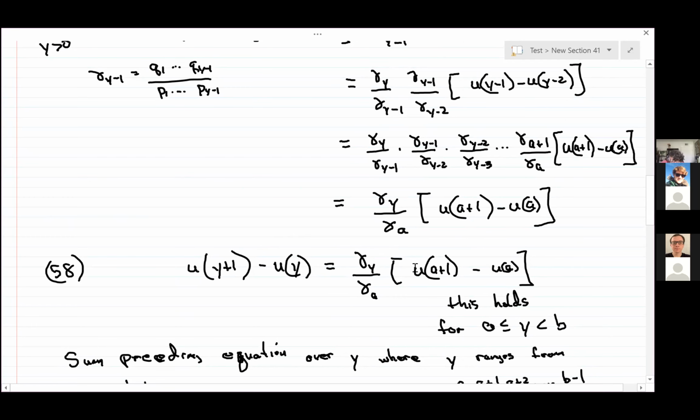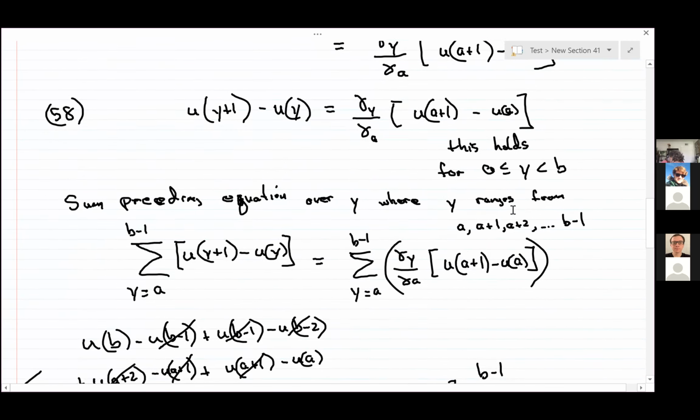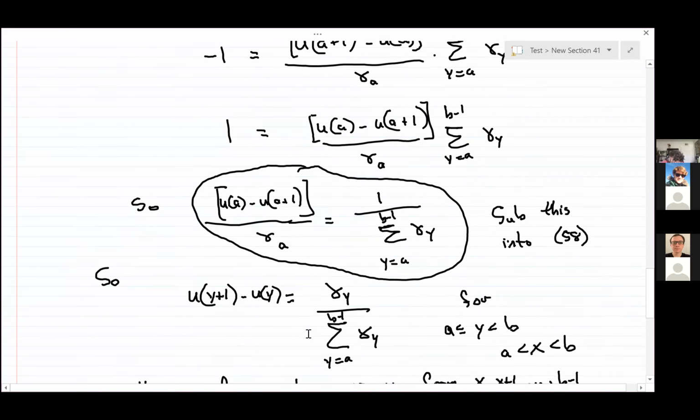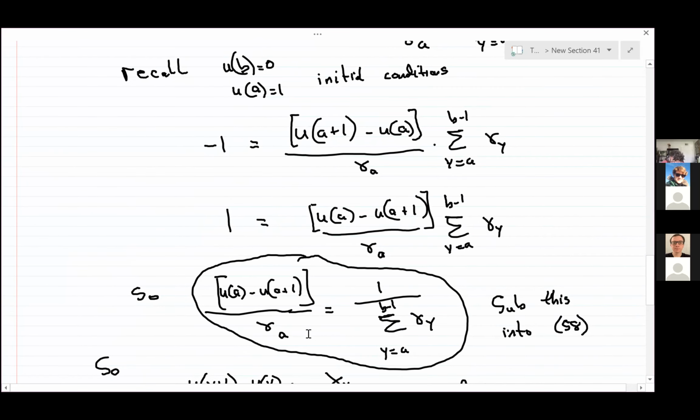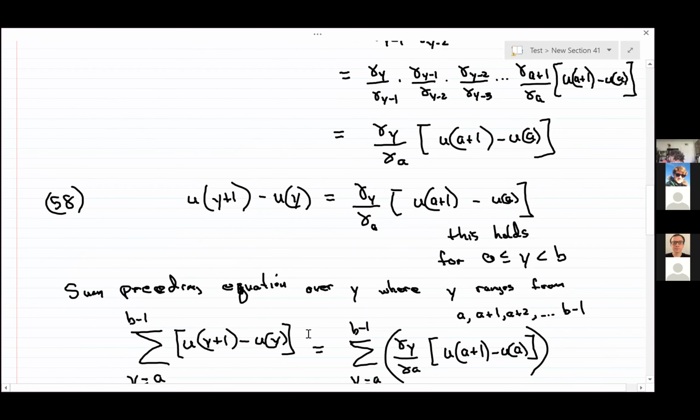And the disconnect is this has a UA plus 1 minus UA, and this one has the sign reversed, UA minus 1. So I'm not sure. I think that's where I messed up. So 58 is saying this: UA minus 1 minus UA over gamma A.